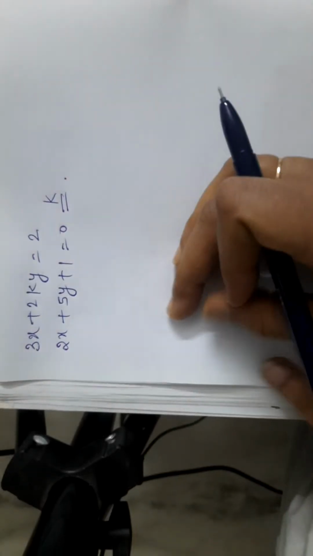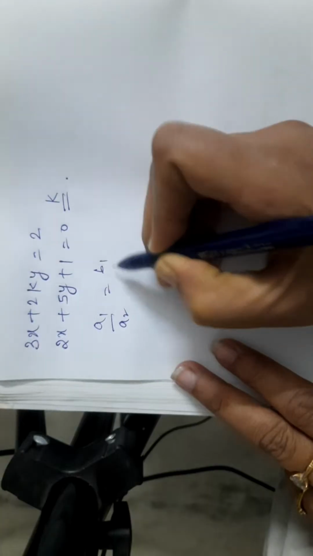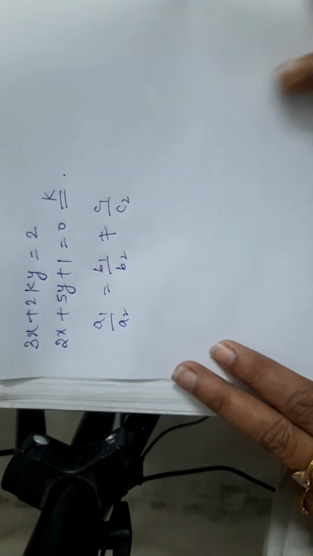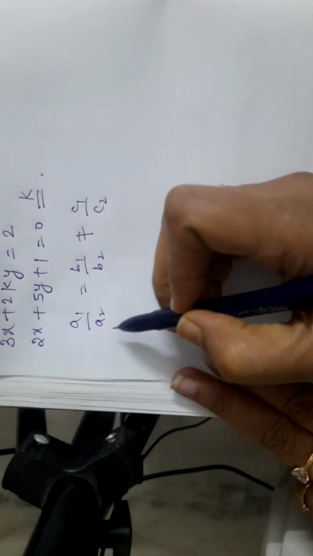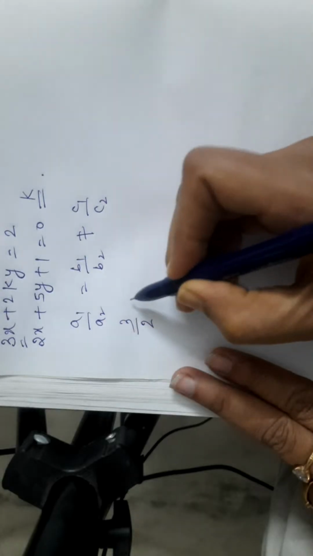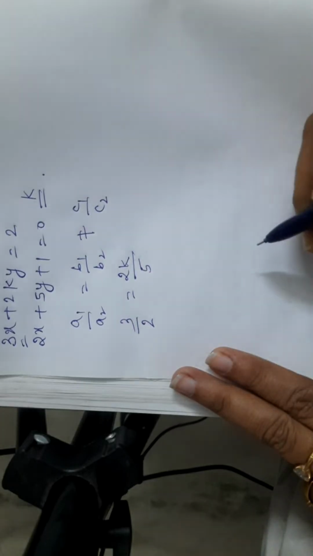So your condition for parallel: A1 upon A2 is equal to B1 upon B2 is not equal to C1 upon C2. So in our solution, A1 is 3, A2 is 2, B1 is 2k, B2 is 5.